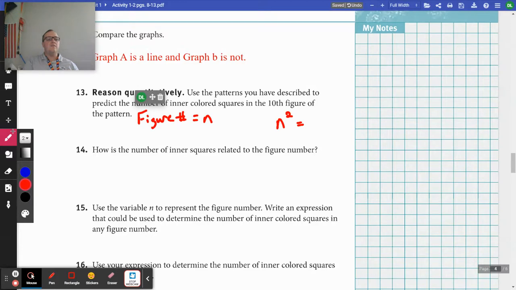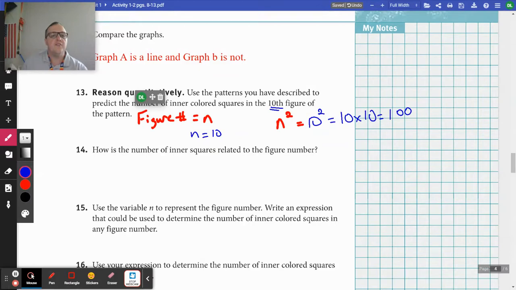That's what we noticed. So what figure number are we looking for? We're looking for 10. So n is 10, and if n is 10, then n squared is 10 squared, which is just 10 times 10, which is 100.